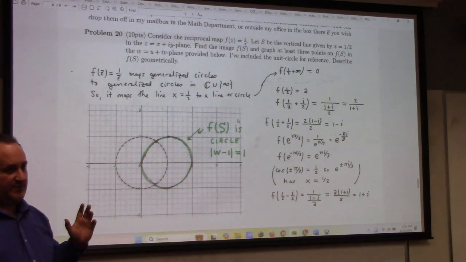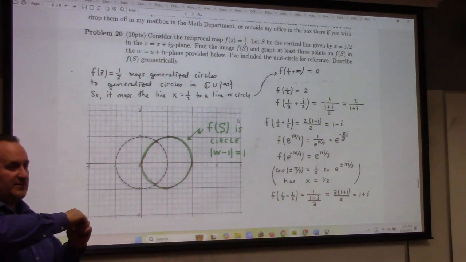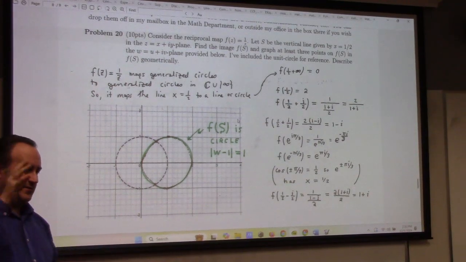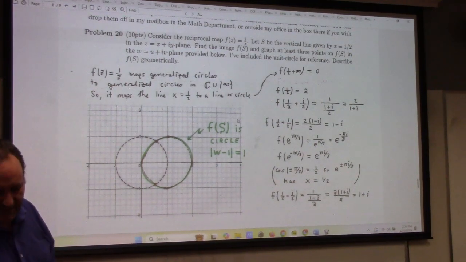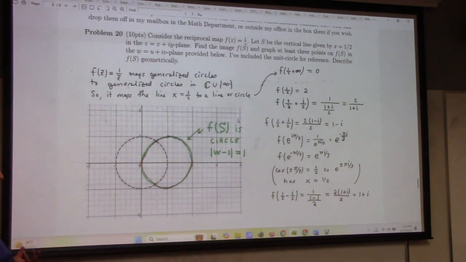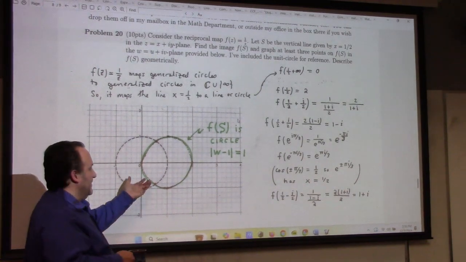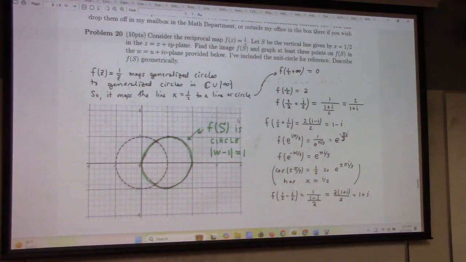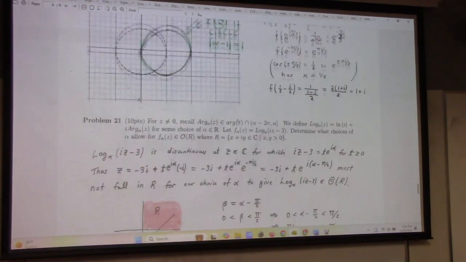So if you feed it a circle, what comes out is either a line or a circle. If you feed it a line, what comes out is either a line or a circle. So we have that as a backdrop, and I knew what I was looking for as I worked this problem. It was a take-home, so you ostensibly had all of the notes and discussion to bounce off of.